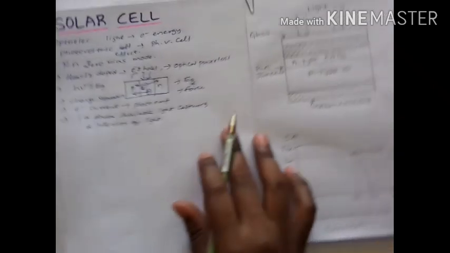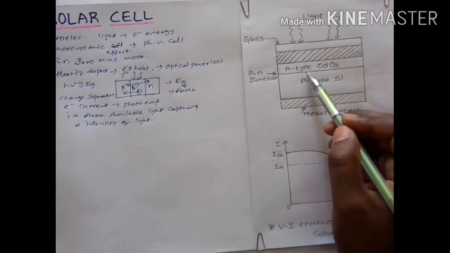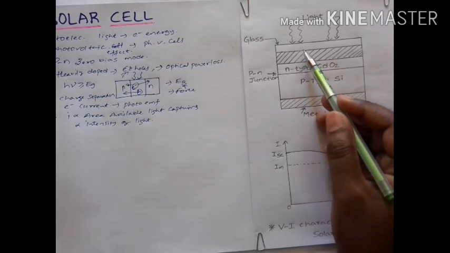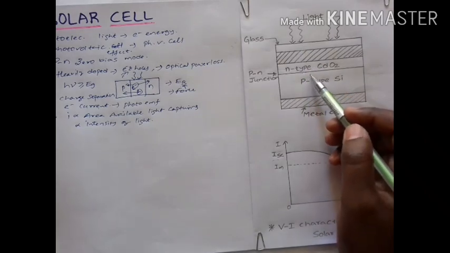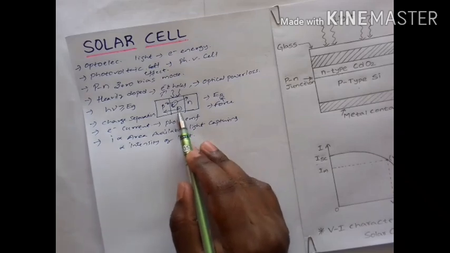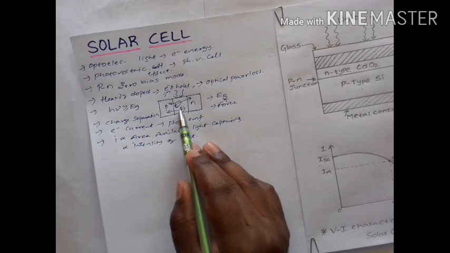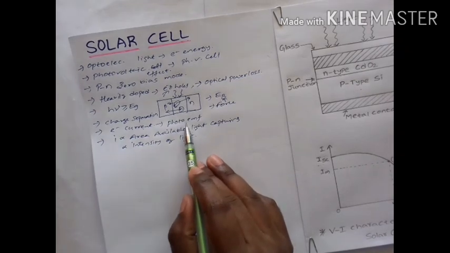Whenever light of sufficient energy strikes the PN junction diode, these light rays travel towards the PN junction and generate electron and hole pairs, and the diffusion of these charge carriers will generate a photo EMF.